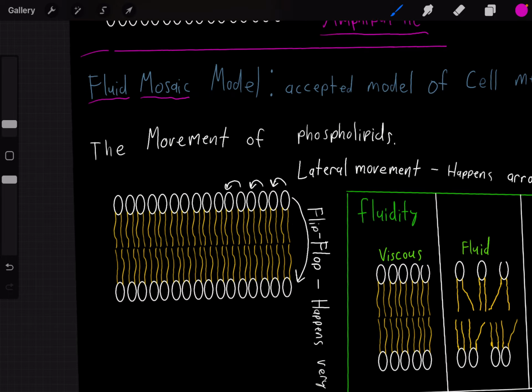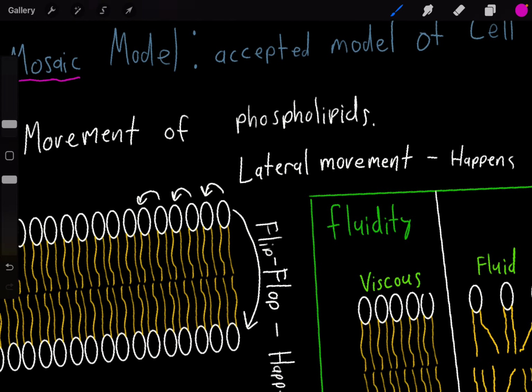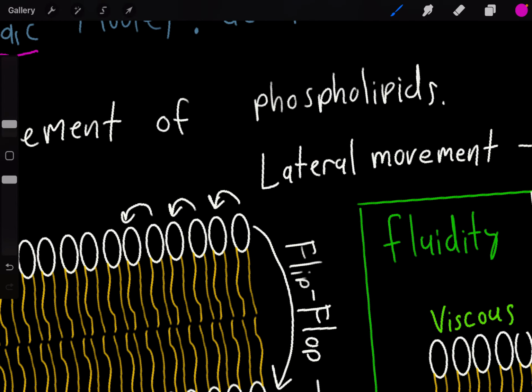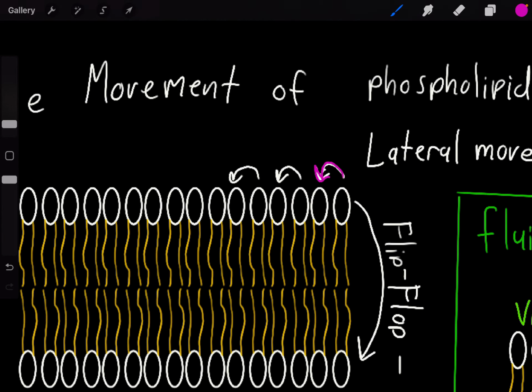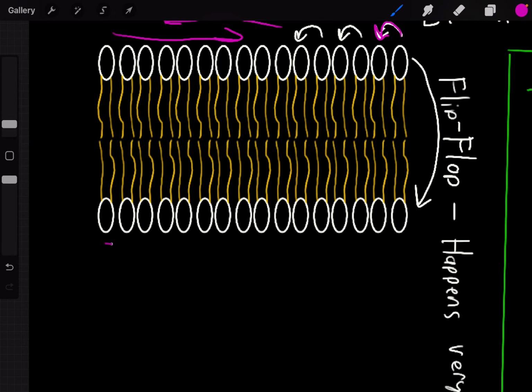We also talked about the movement of phospholipids. We have the lateral movement. So the lateral movement would be the movement where the first layer of the phospholipids moves from here to here and back, and it can also happen on this side.